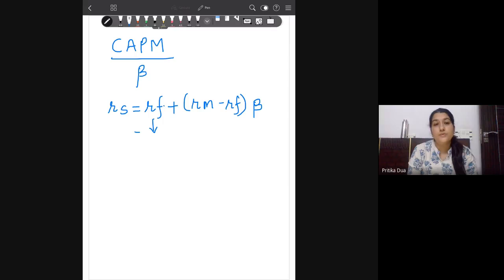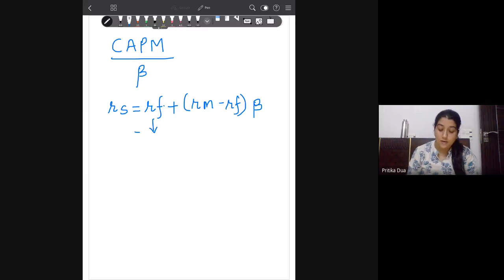Okay, so if you're holding money in, say, some government securities, government bonds, then you are getting the time value of money. So RF is not the return on the investment made, but it is basically the value you are getting for holding the money for a particular period of time.